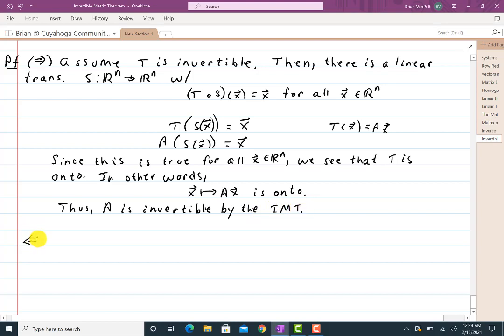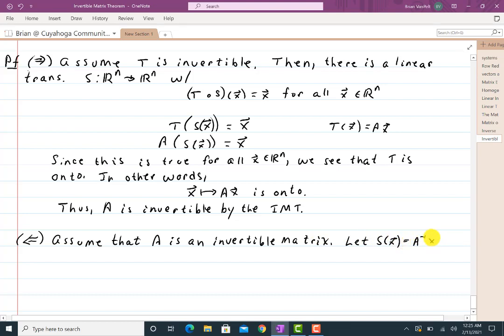Now let's go the other direction. Here, assume that A is an invertible matrix. Let S of x equal A inverse times x. We know that S is a linear transformation.